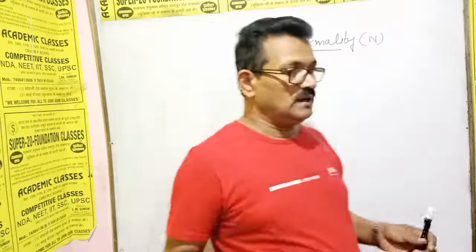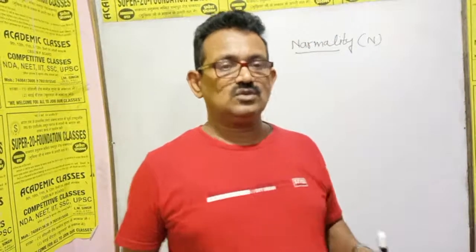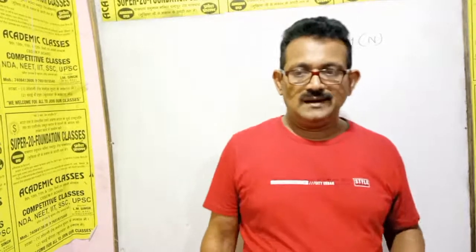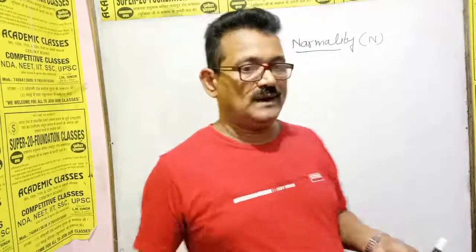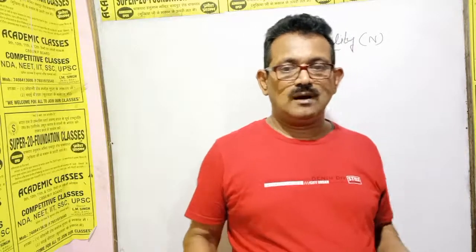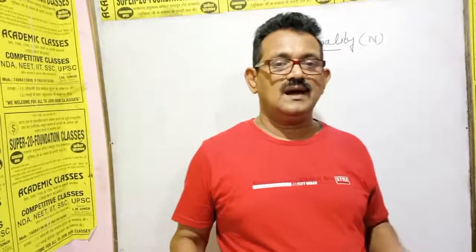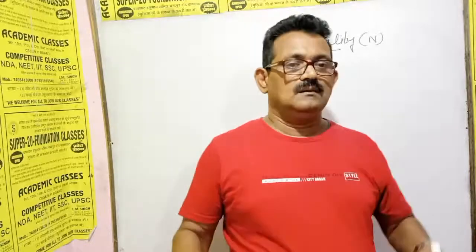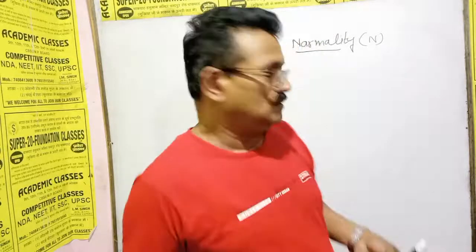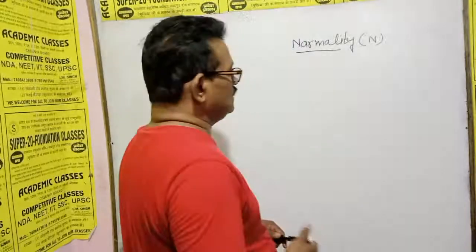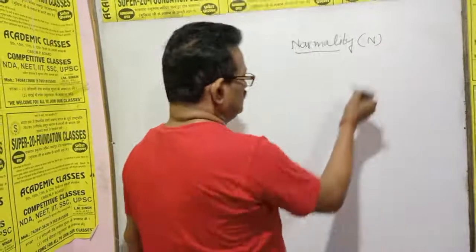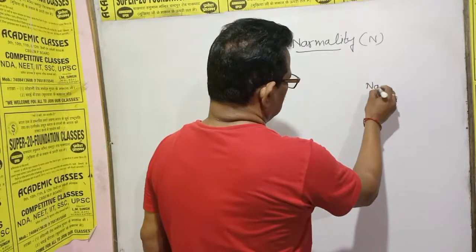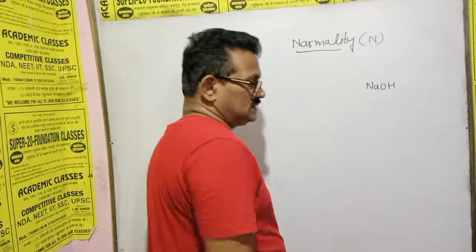Anybody may ask, what is the gram equivalent weight? The gram equivalent weight is the ratio of molar mass and valency, that is, molar mass upon charge. Suppose we calculate for NaOH, sodium hydroxide.